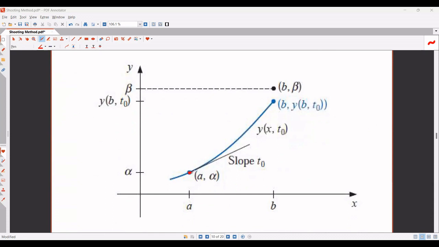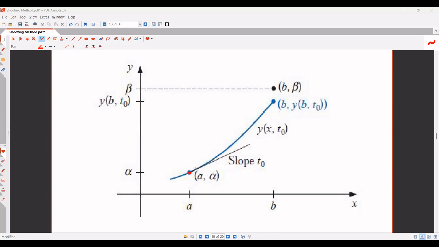as the slope, we are kind of shooting along that slope, just treating it like an initial value problem, just the way, for example, the Euler method works. You know how the initial value numerical methods work for initial value problems.